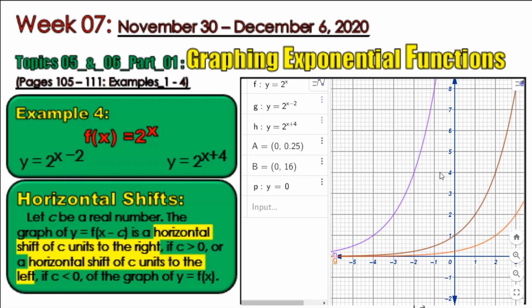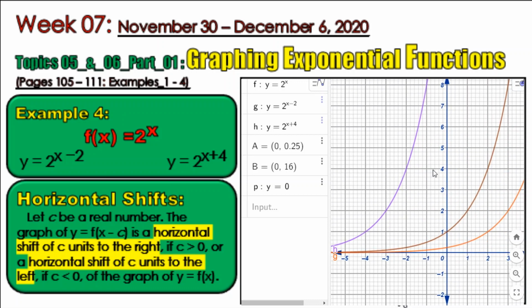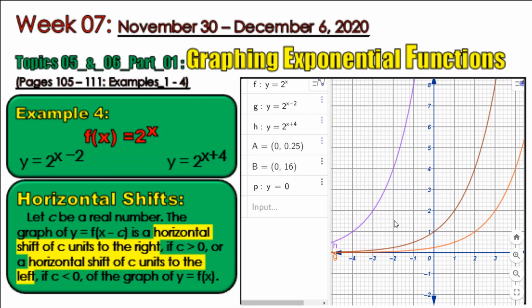So that is for example number 4. We are shifting horizontally, it could be to the left or to the right. It depends on the value of c. If your c is positive, you will be shifting your graph to the right.